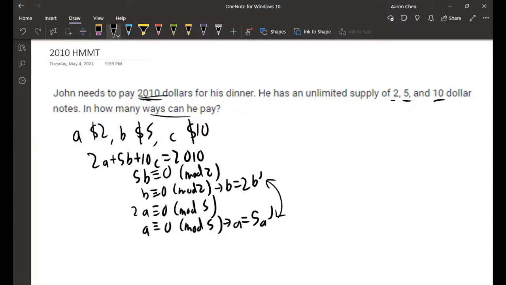You can plug both of these back into this equation: 2 times 5A prime plus 5 times 2B prime plus 10C is equal to 2010.